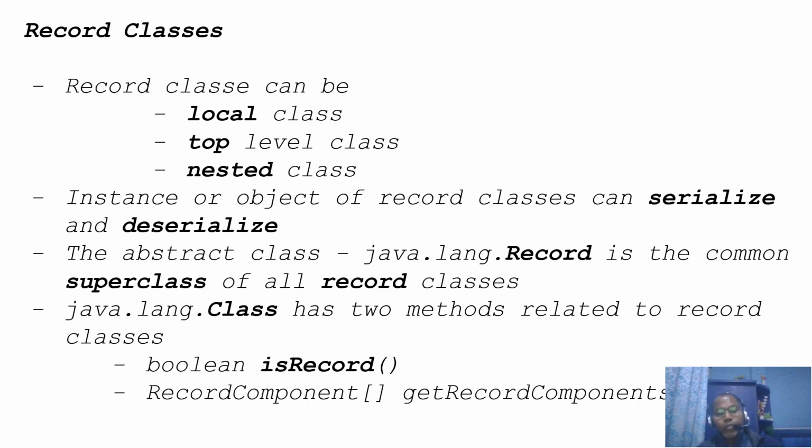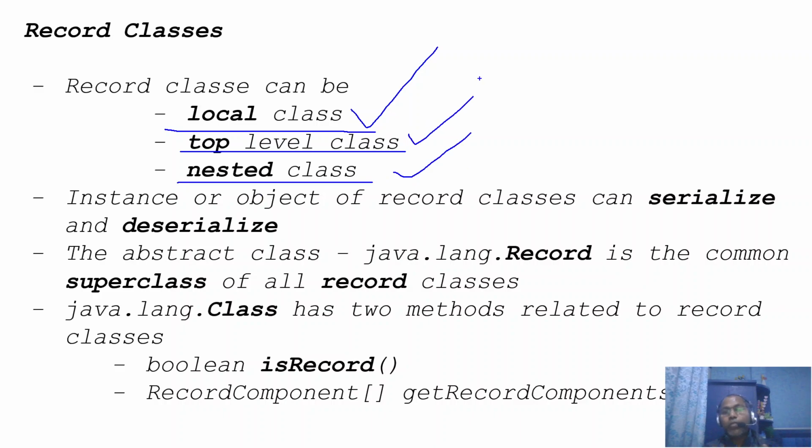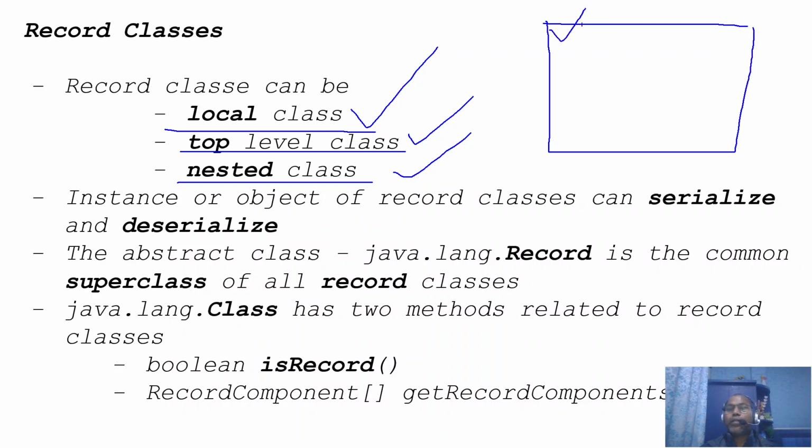In the last, you can notice that record classes can be local classes, meaning inside a method or a block you can create a record class. Top level classes can also be record classes, where the file itself is a record, and even a nested class, meaning inside a class you can declare another record.